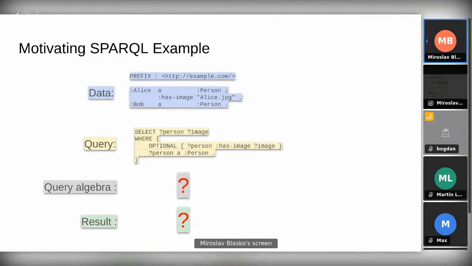It is quite useful to use query algebra, because sometimes we don't remember how it exactly works, and there are tools that take a query and put it into query algebra, and then you can easily find in the specification what the operators within the algebra mean, so you can really execute it yourself as an engine.